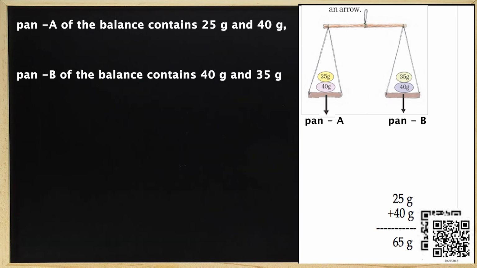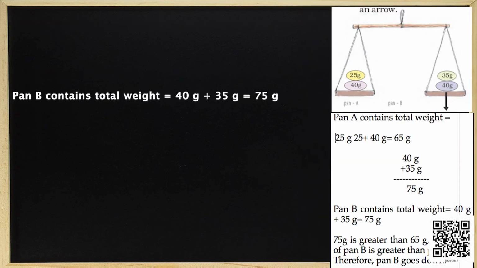So first we find out how much weight is in each pan. Pan A contains a total of 25 gram plus 40 gram, which is equal to 65 gram. Pan B contains a total of 40 gram plus 35 gram, which is equal to 75 gram.